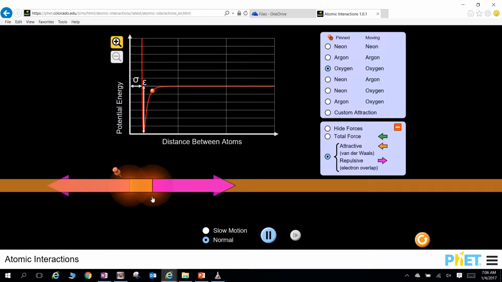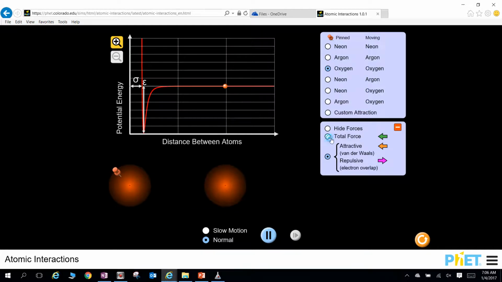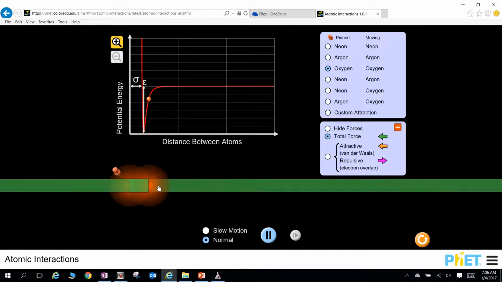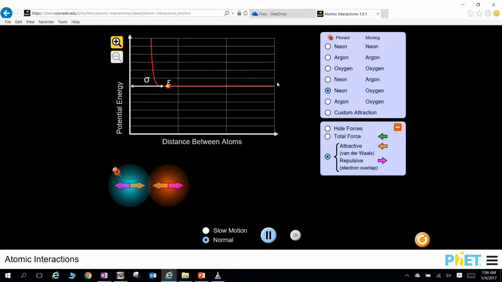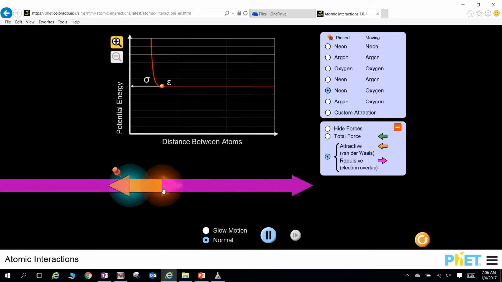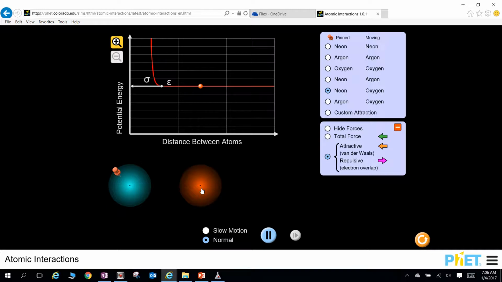So the nucleus of one, which is positive, is repelling the nucleus of the other. And then let's take a look at what happens when you see total force. All right, and then let's do what they were talking about with a neon and an oxygen. So these will not form a bond. Oh, I see. So if you take a look at the graph above, there's no dip in potential energy here.